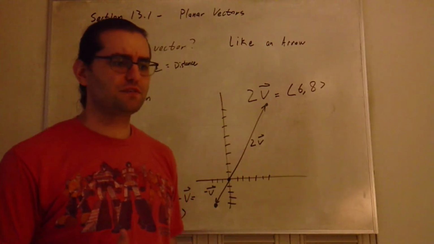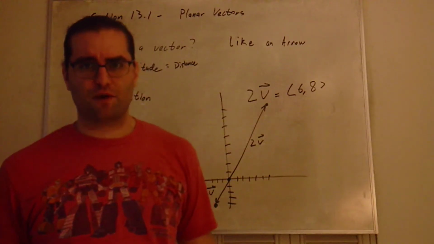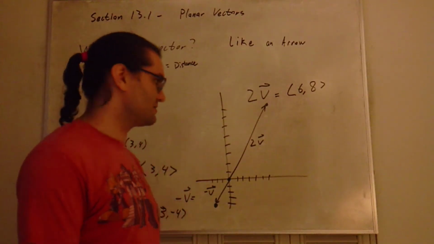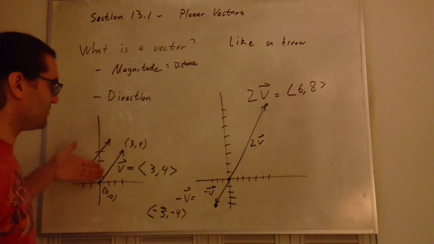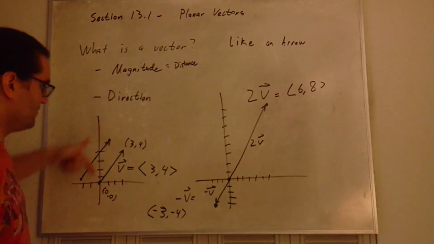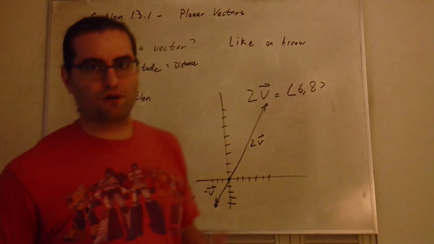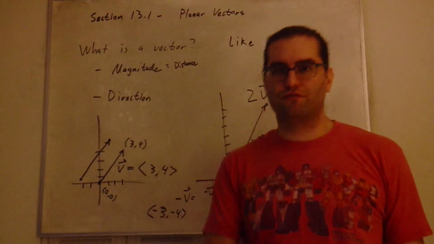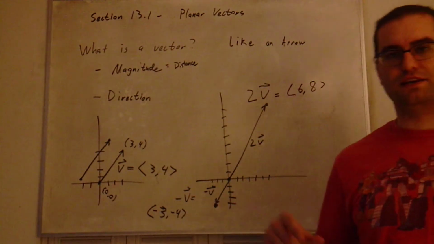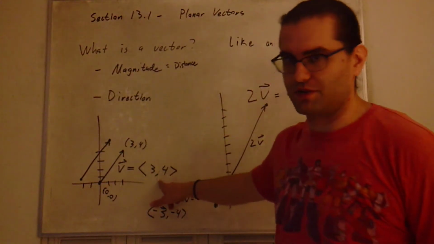And sometimes we're still going to want to use them sort of vaguely as if they represented points, because again, if we're talking about position vectors, you can talk about the point 3, 4 as a point 3, 4, or you can talk about it as the terminal point of the position vector v, which is 3 comma 4.